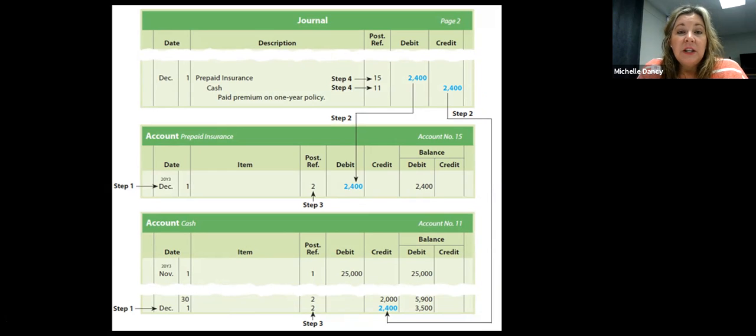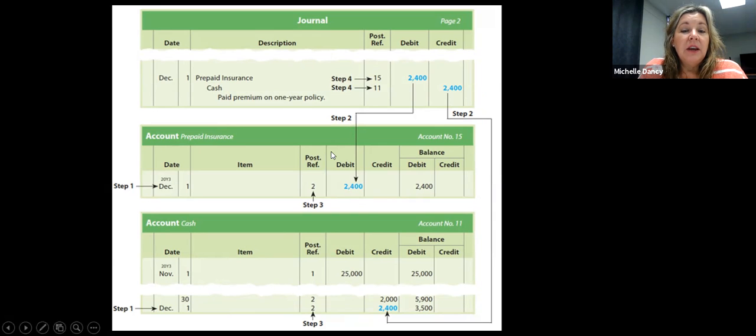Now, something we didn't use in T accounts, but we will use in ledger accounts, another reason they're kind of better for the real world, is we're going to use what's called our posting reference. So notice up here in your journal, you have a column that says POST-REF. That stands for posting reference.